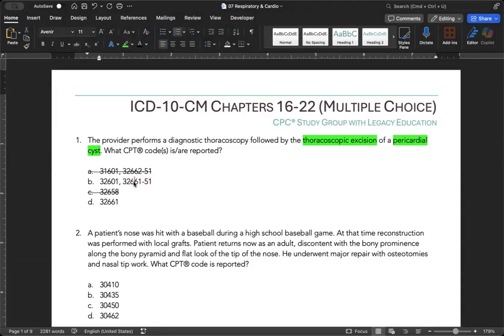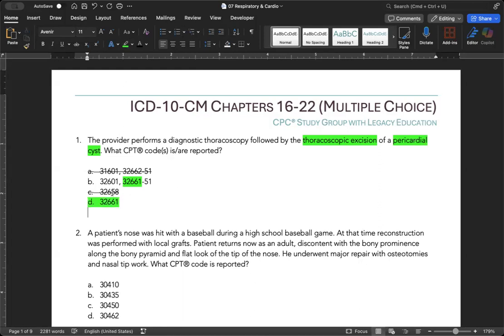Now, the question is, do we need to report the 32601 in addition? Or do we just report 32661? So 32601 is a thoracoscopy diagnostic, lungs, pericardial sac, mediastinal or pleural space without biopsy. So what does everybody think? Should it be B or should it be D?